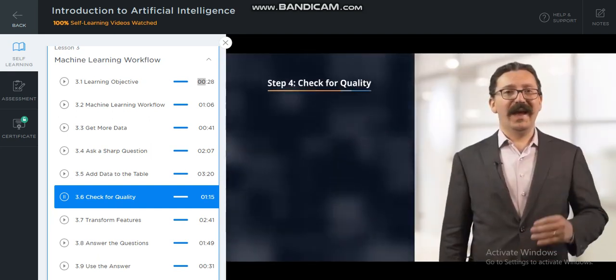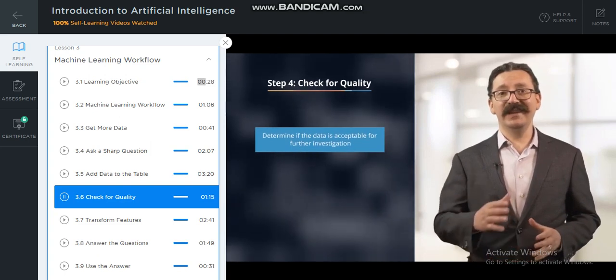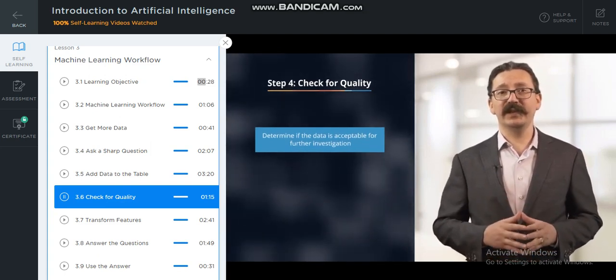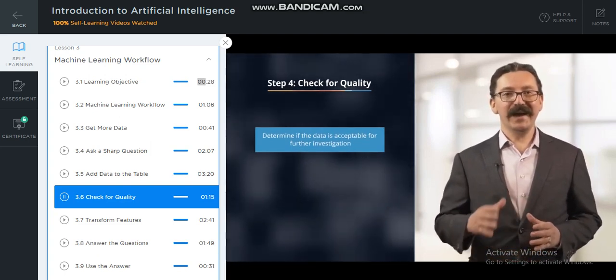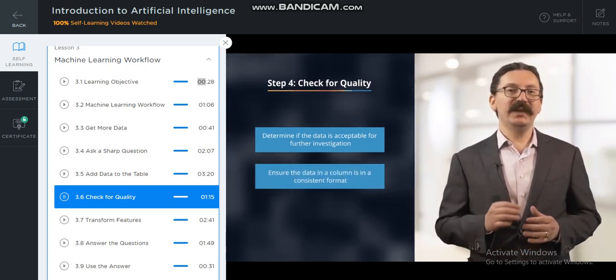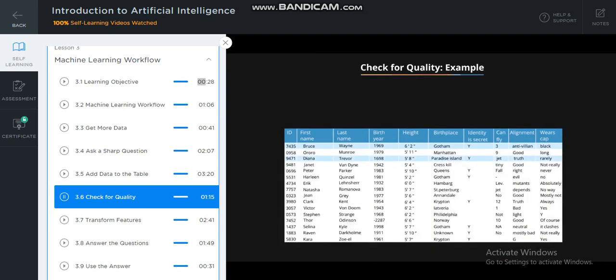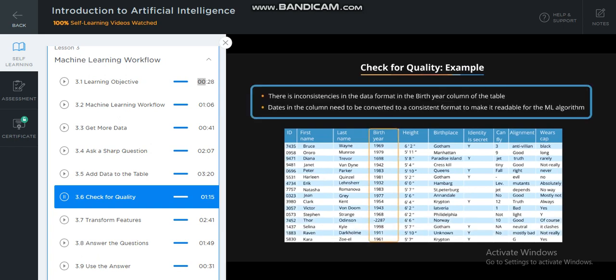Step 4. After the data computation and analysis, we need to determine if the data is acceptable for further investigation. For any algorithm to read data from a column appropriately, the data must be in a consistent format. Let's understand this step with the help of an example. In this table, closely observe the birth year column.